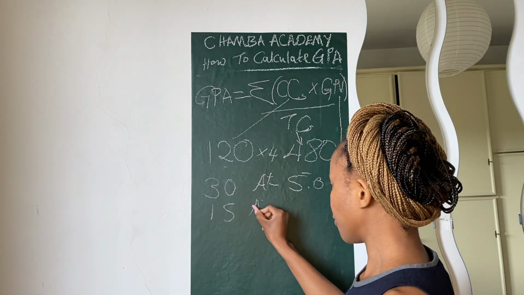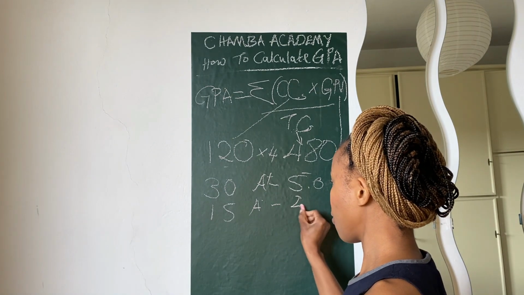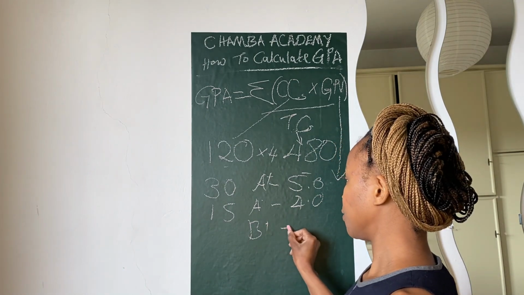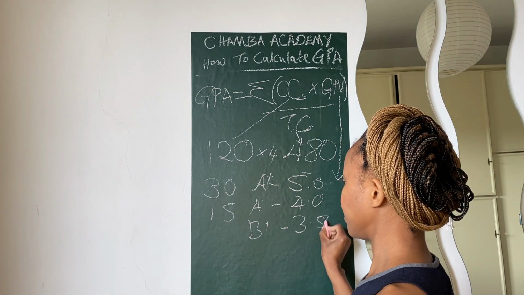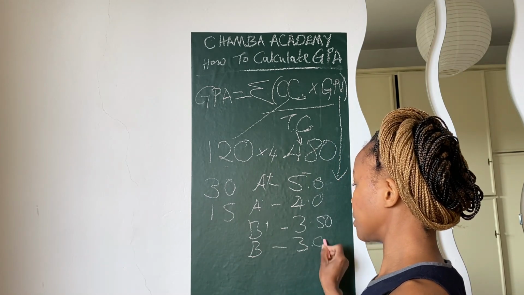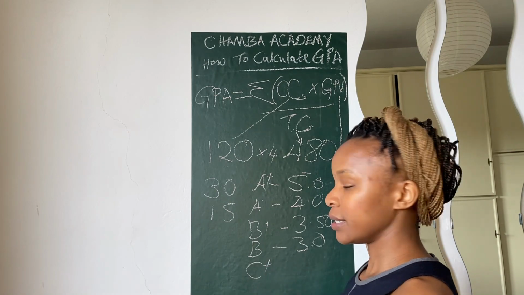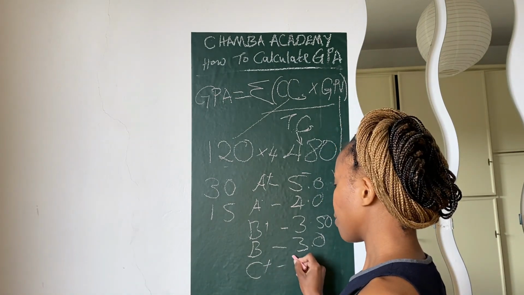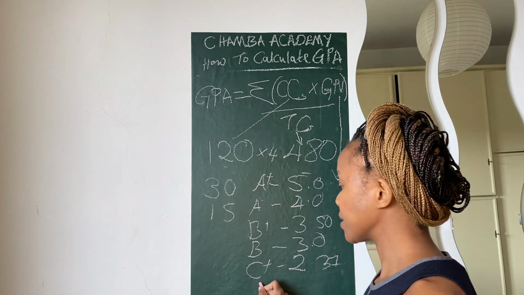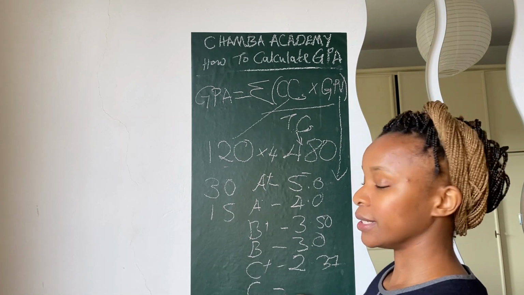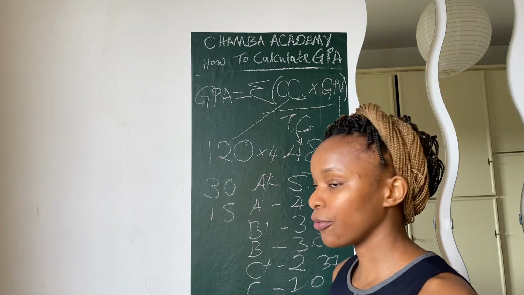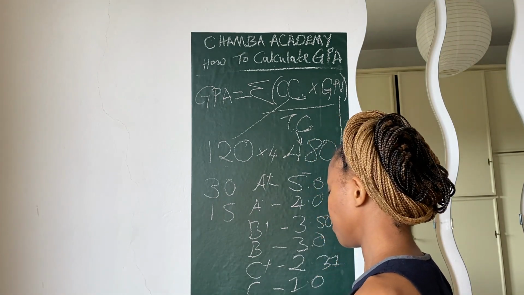An A is equivalent to 4.0. A B plus is equivalent to 3.50, and a B is equivalent to 3.0. A C plus is equivalent to 2.37. A C is equivalent to 1.0, and an S for satisfactory is equivalent to 1.0.